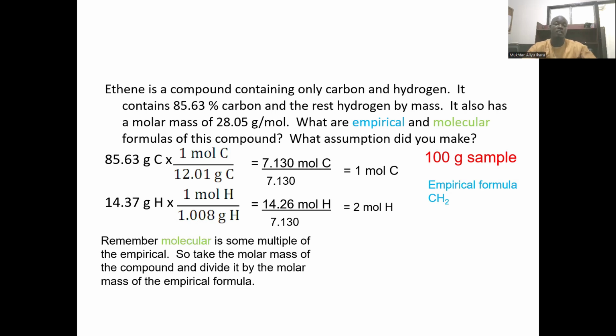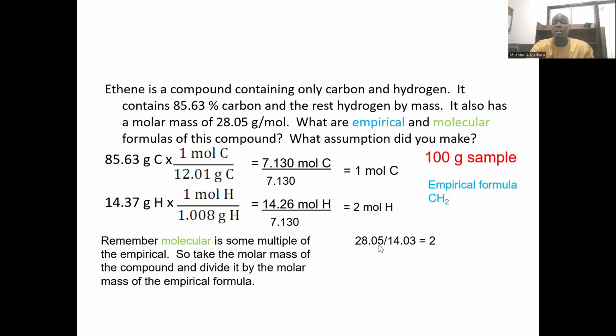And then the next thing is the molecular formula. So remember, molecular formula is some multiple of the empirical formula. So you take the molar mass of the compound and divide it by the molar mass of the empirical formula. After you do that, you are now going to get the ratio.